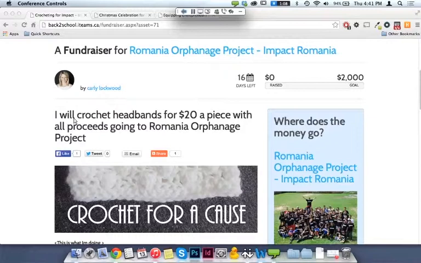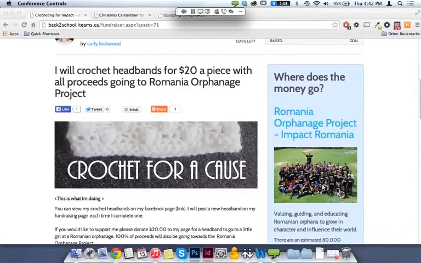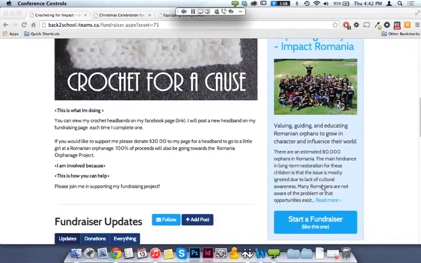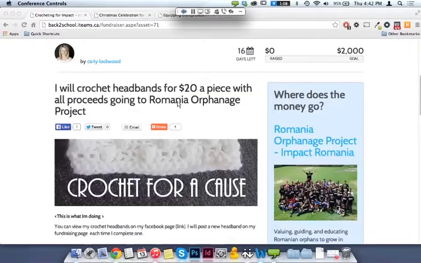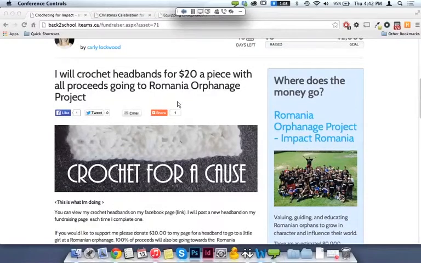That's great. Second thing is that it's very clear about which project it is. Over here on the right-hand side, we have the project description, but this also draws your readers' attention to that as well, that it's for a Romania Orphanage Project, very clear. So that's one of the big things.